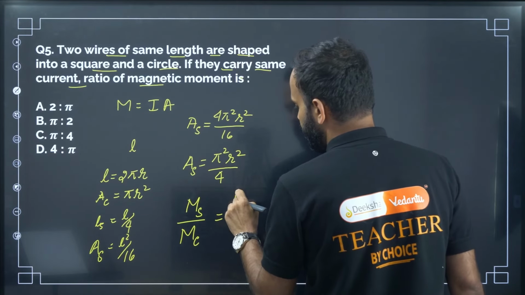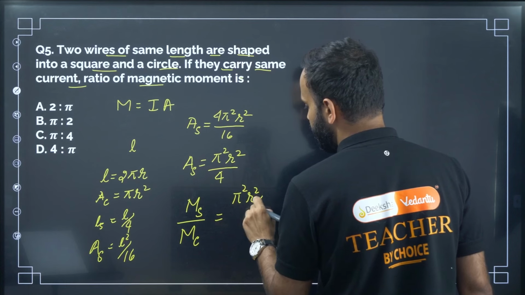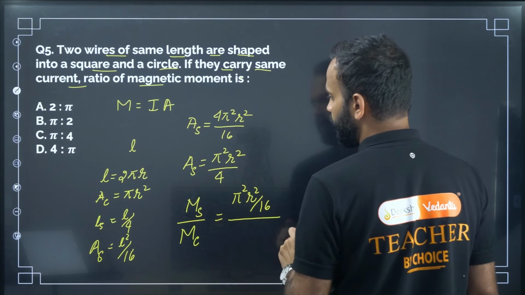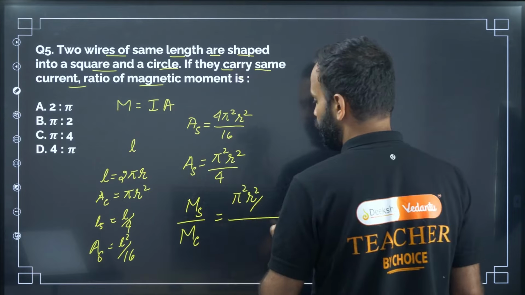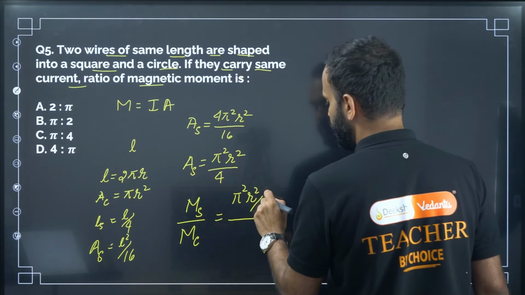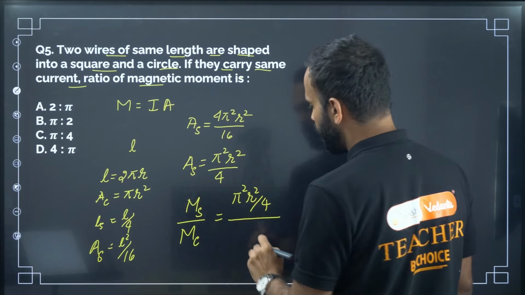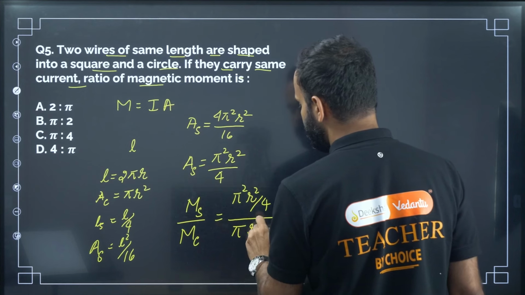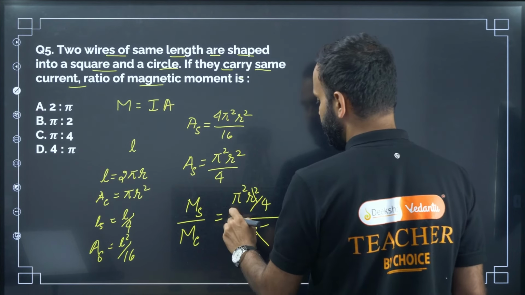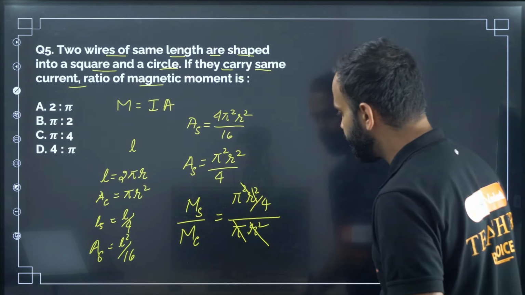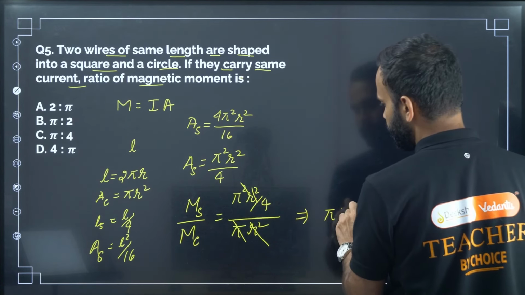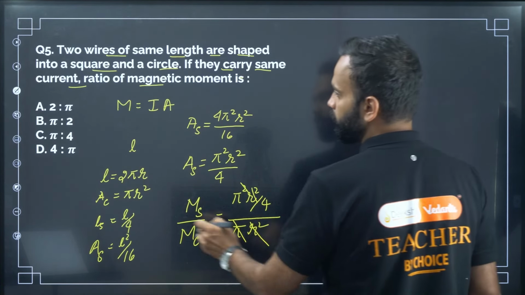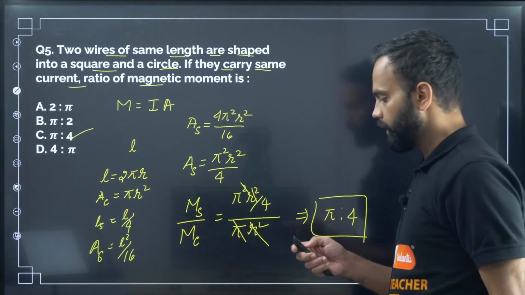Now pi square r square divided by 16, divided by 4, whole divided by pi into r square. So r square will get cancelled. Here pi will get cancelled. Now the ratio will be pi is to 4. The correct option is C.